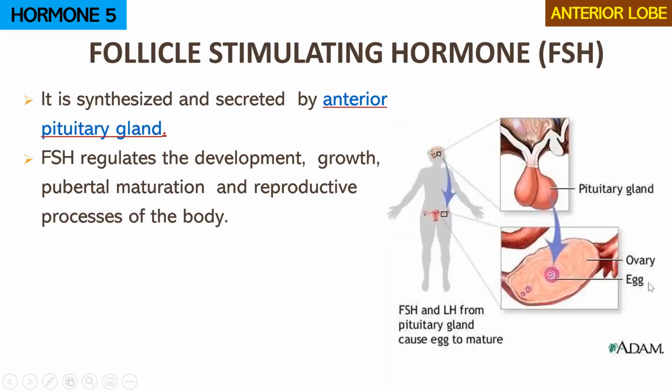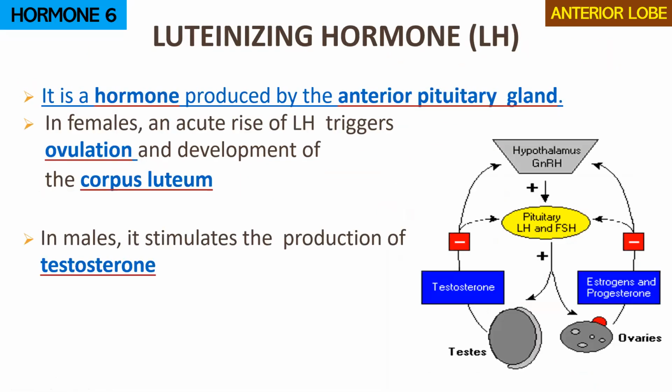Then the next one is FSH by the anterior pituitary gland, and it regulates the development and growth of the female body. Also the LH, which helps in ovulation and development of the corpus luteum.